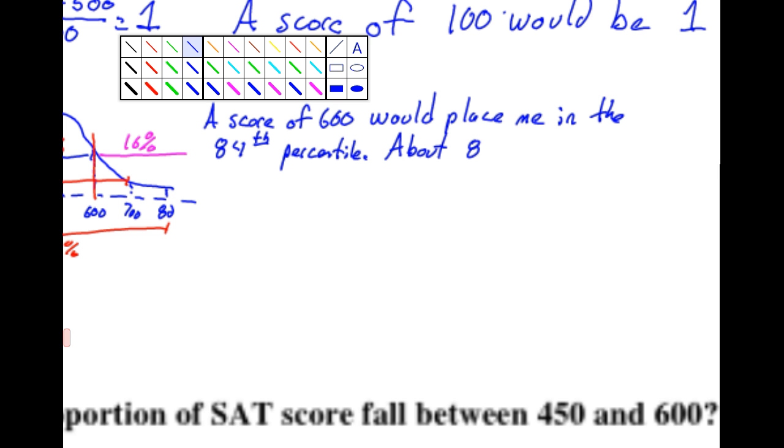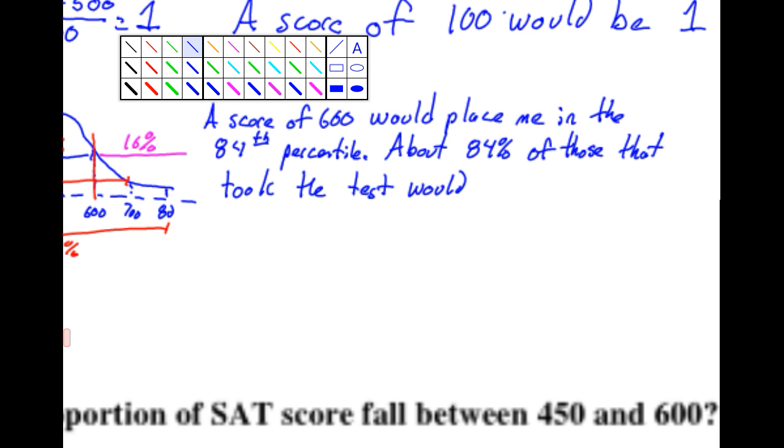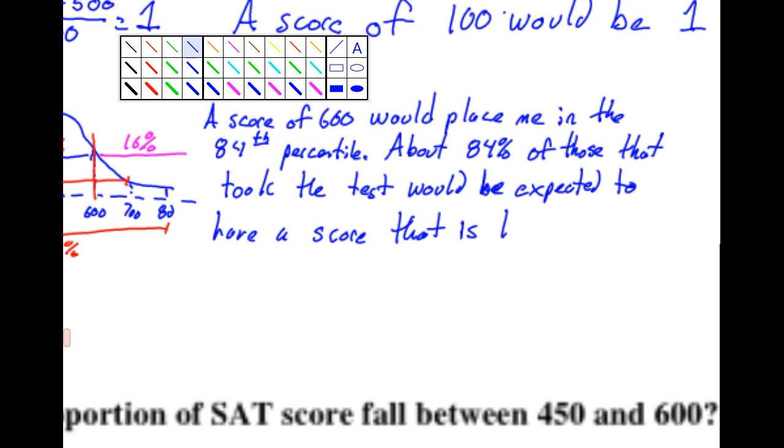About 84% of those that took the test would be expected to have a score that is lower than mine.